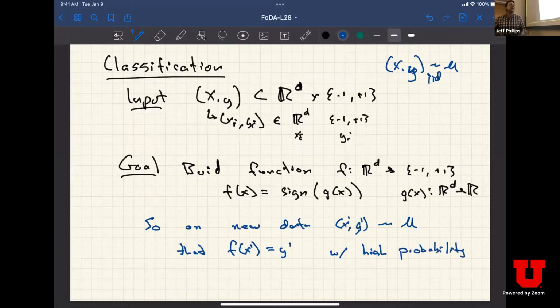It may not always do that, but we want a high probability that the function is going to predict the right class here. Okay, so this is what we want.